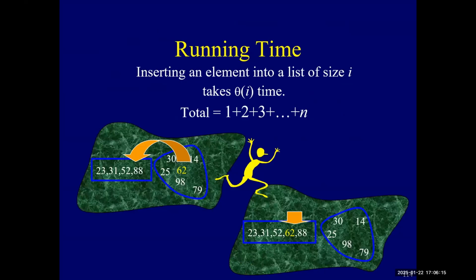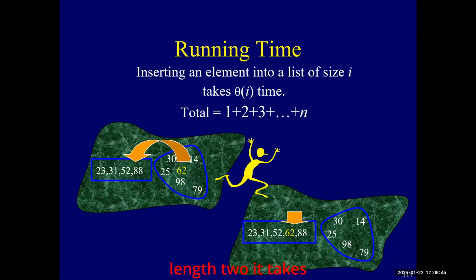All right, so you guys might not be up for running time yet, but the running time is n squared. And why is it n squared? Because when I take the 62, I have to put it where it goes, right? And how long does that take for me to find out where it goes? It takes the length of the little guy, right? So when it's of length 1, it takes me time 1.